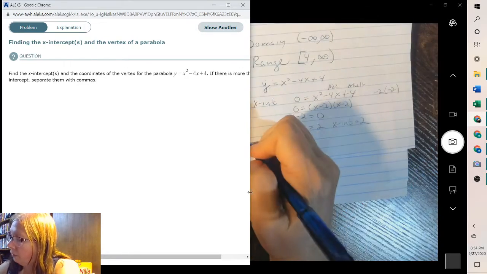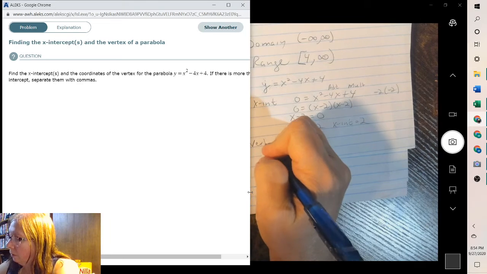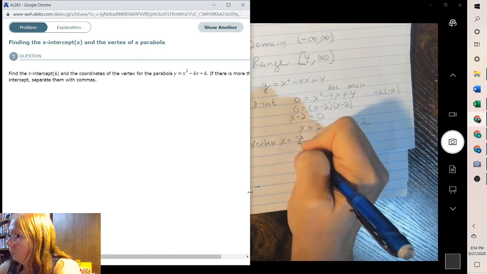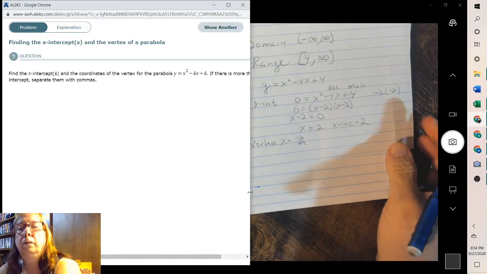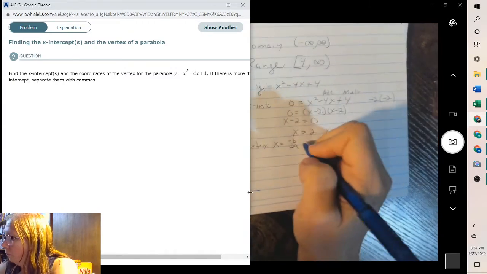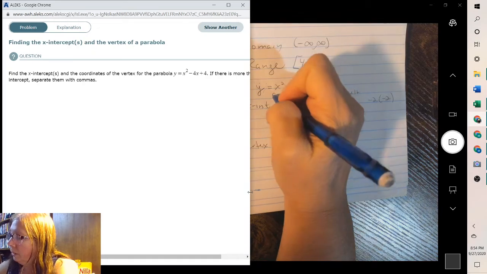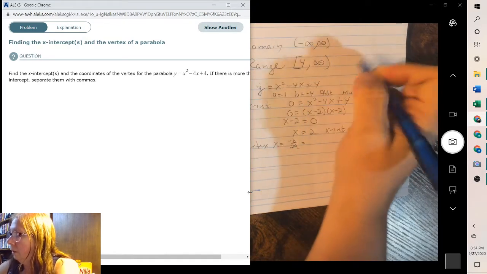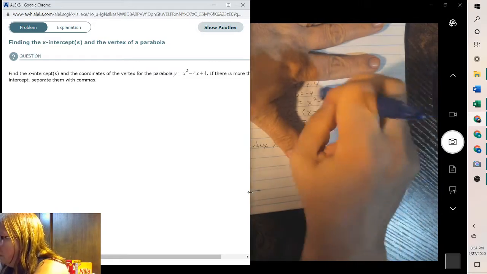The vertex, the x value is negative b over 2a. Where a is 1, b is negative 4, and in this case, c is 4.